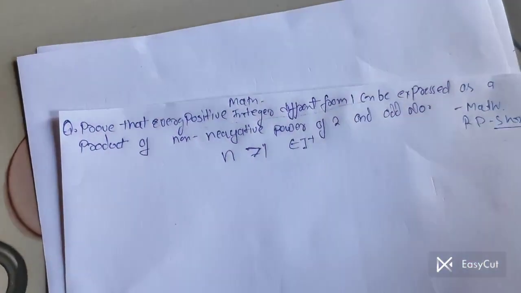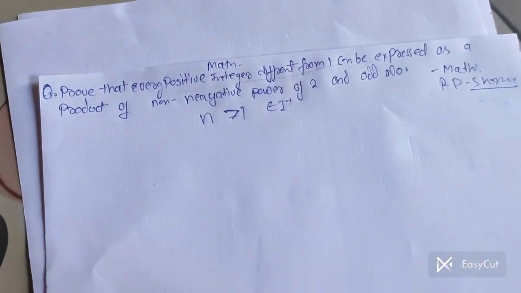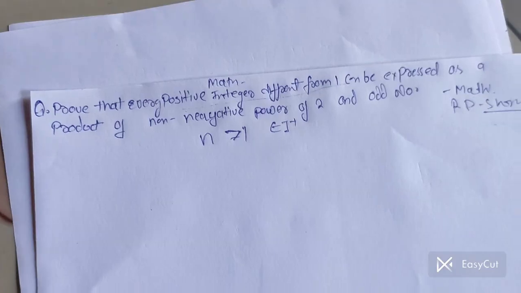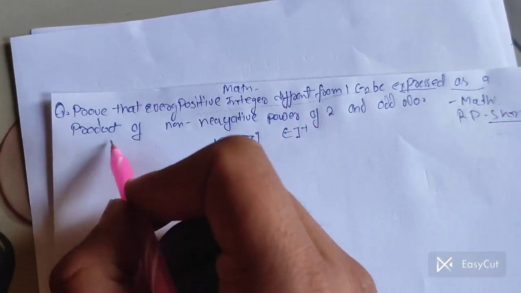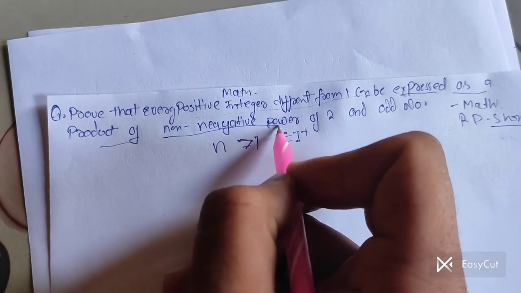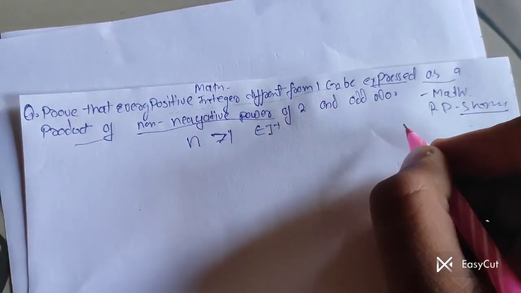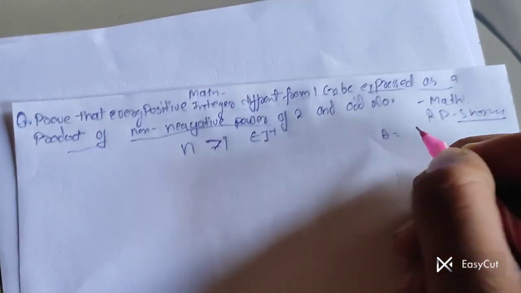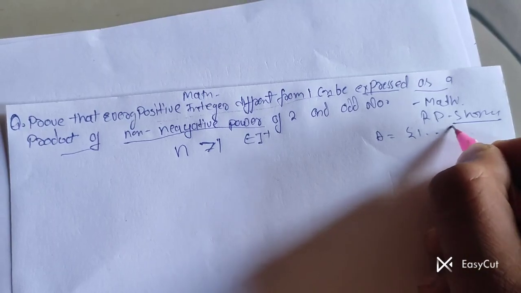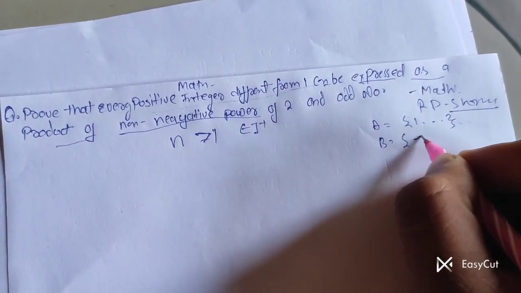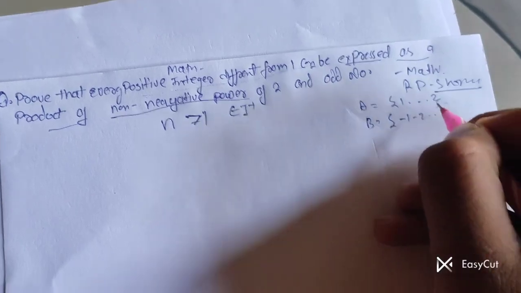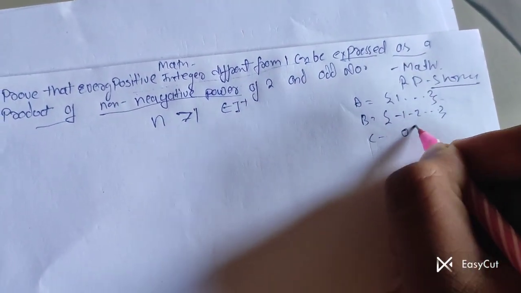okay, different from 1 means greater than 1, not equal to 1, can be expressed as a product of a non-negative power of 2. Non-negative means, for example, if A is a set where we say 1, 2, and B is a set, say -1, -2, and suppose C is the set of 0.